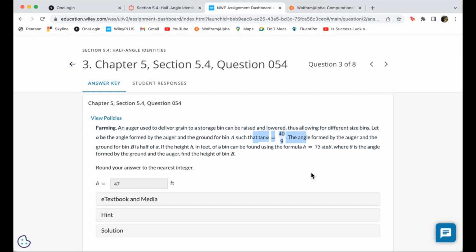So the angle formed by the auger and the ground for bin B is half of alpha. So there's an angle running around here that is half of alpha. Theta is the angle formed by the ground and the auger. So theta is 1/2 of alpha.